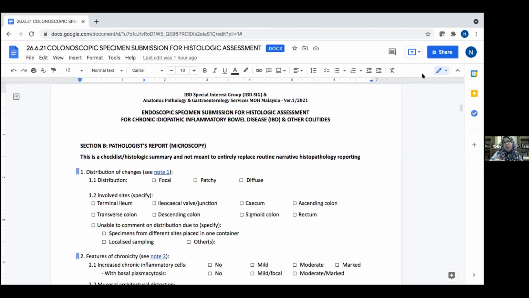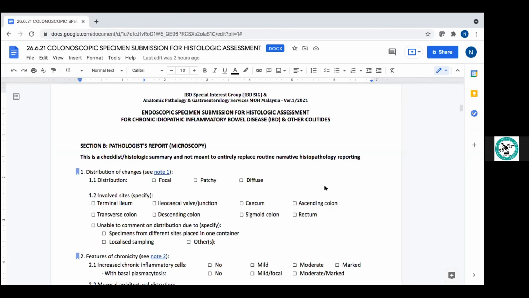Otherwise, if it's present in the setting of IBD, then I don't really bother to describe it, and I don't interpret it as activity. Clinically it is considered as a kind of activity finding, but not to be graded and not to be interpreted on histology as part of the degree of activity. I hope I make sense.